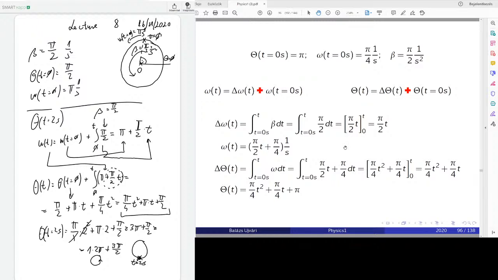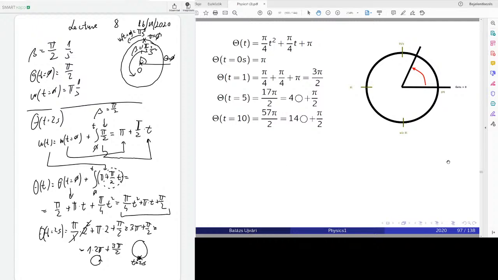Alright, so it's not that easy, but also not that hard to solve that. And also the other way, when I give you theta(t), you can calculate omega(t), and then the beta, that's the easier way.